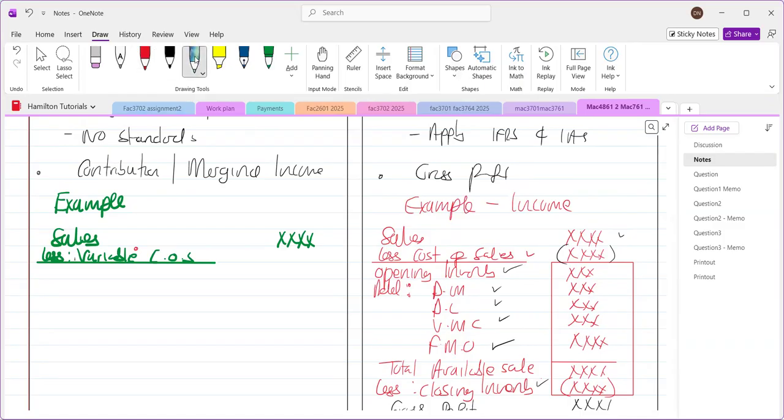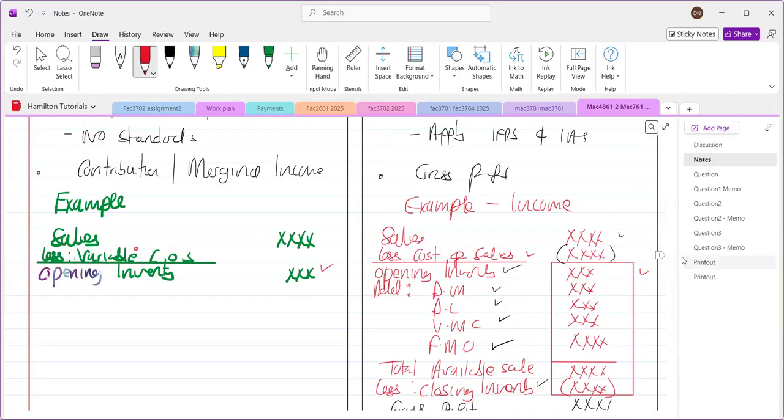So therefore, you will say opening inventory. You add that. But now there is a difference in this opening inventory from that opening inventory. What is the difference for people there?